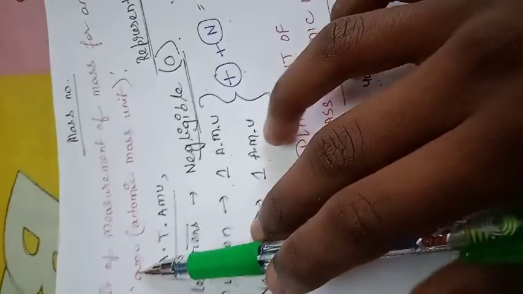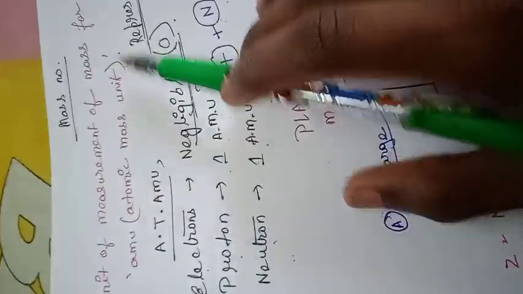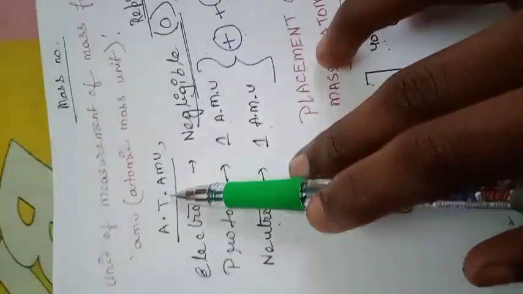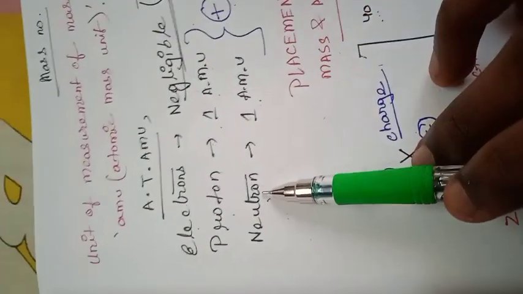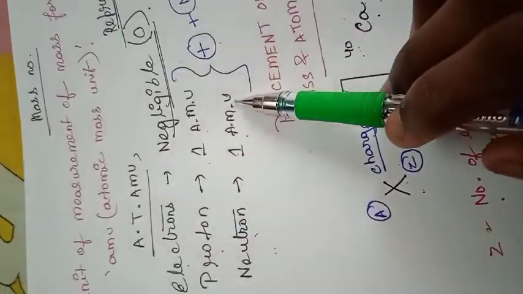Okay, next coming to mass number. Now what is my mass number? The unit of measurement of mass for an atom is AMU, or atomic mass unit. According to AMU, the mass of an electron is negligible, the mass of a proton is 1 AMU, and the mass of a neutron is 1 AMU.